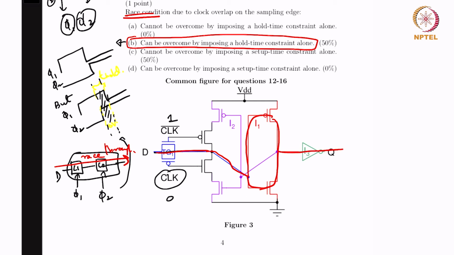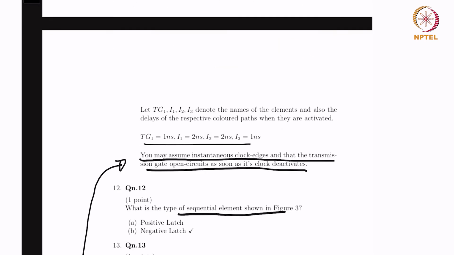And again this path helps to retain the data when clock is equal to 1, right? When clock is equal to 1, this helps to retain the data, and when clock is equal to 0, this helps to move the data forward, right? Which is the path as shown in red. So this is definitely a negative latch.